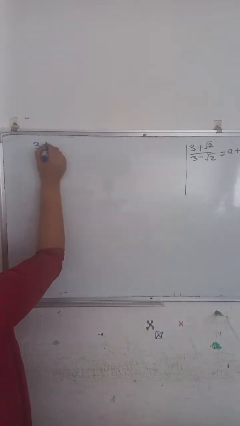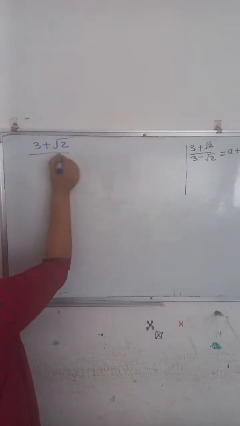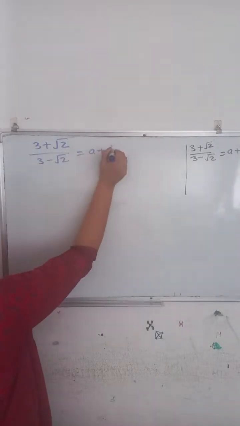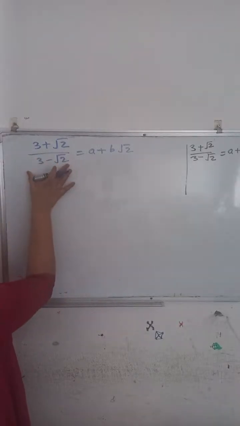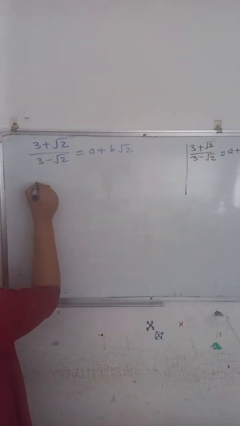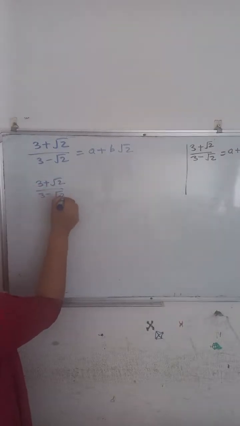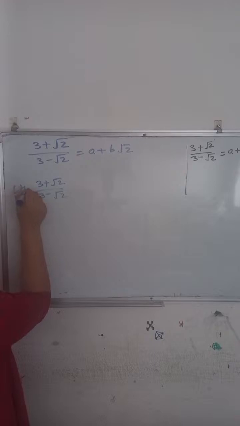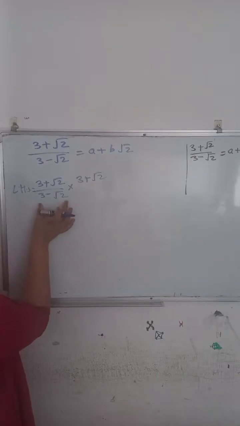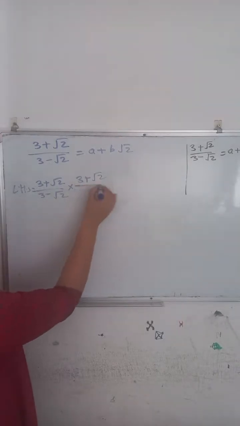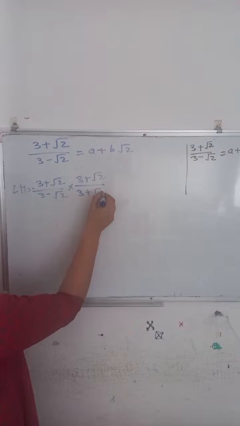So here 3 plus root 2 upon 3 minus root 2 is equal to a plus b root 2. So first you can take this LHS part and rationalize it. So 3 plus root 2 upon 3 minus root 2, take LHS and then multiply 3 plus root 2, because denominator with opposite sign we have to multiply here. 3 plus root 2.